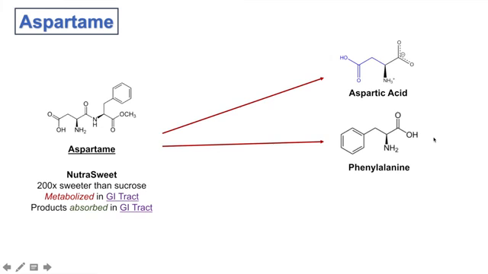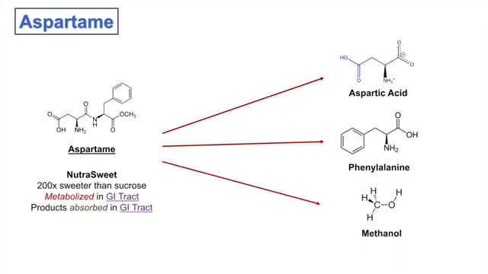And phenylalanine is important because a lot of times individuals with phenylketonuria have difficulties metabolizing phenylalanine. So this is important to know that phenylalanine is a product of aspartame metabolism.